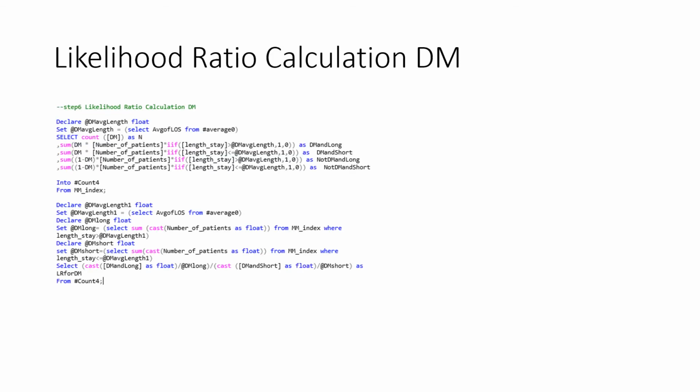The results for the likelihood ratio calculated for CHF, also known as congestive heart failure, are listed above. And so we do the same thing for calculating the likelihood ratio for diabetes.